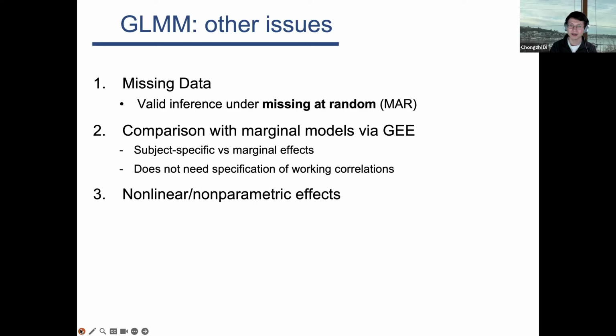So there are some ways. Some are based on imputations, some are based on weighting approaches. If the missing proportion is small, I wouldn't worry too much. But if the missing proportion is a little bit higher, let's say higher than 10% or 20%, I would definitely look into more sophisticated methods.